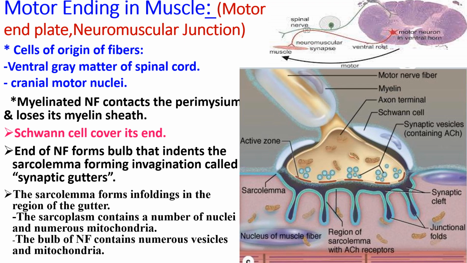The end of the nerve fiber becomes swollen or enlarged to form a bulb. Bulb means swelling.